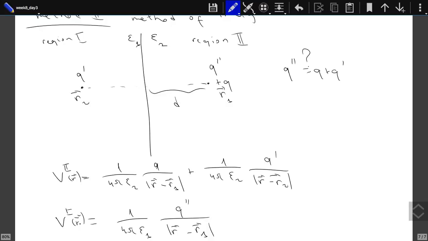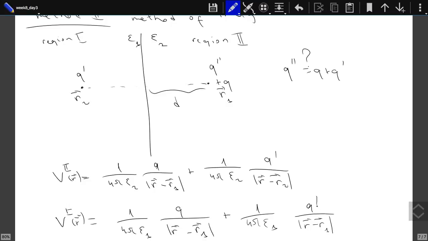Well, let's q prime. I mean, if my intuition is correct, well, those terms are the same, so I can just combine them. So 1 over 4 pi epsilon 1 r minus r1 times q, 1 over 4 pi epsilon 1 r minus r1 and q prime. If I combine them, I will get q plus q prime, which I call q double prime.